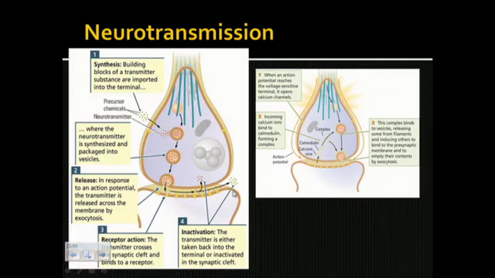So that's the little gap between the terminal button on this axon and whatever it is connecting to. It can be a dendrite, an axon, a soma, etc. So wherever the synapse is formed within the CNS, it releases its contents, and these neurotransmitters can then bind to receptors found on the postsynaptic neuron and cause either an inhibitory or an excitatory postsynaptic potential.